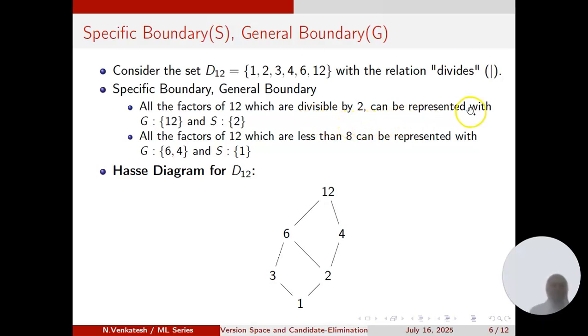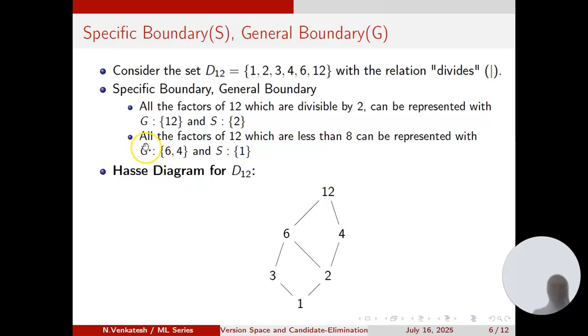It can be represented with a general boundary 12, because there is no number above 12 which is a factor of 12, and a specific boundary 2, because there is no number less than 2 which is a multiple of 2. So 2, 4, 6, 12 is the set of points which satisfy that, but we can compactly represent it by simply writing 12 and 2.